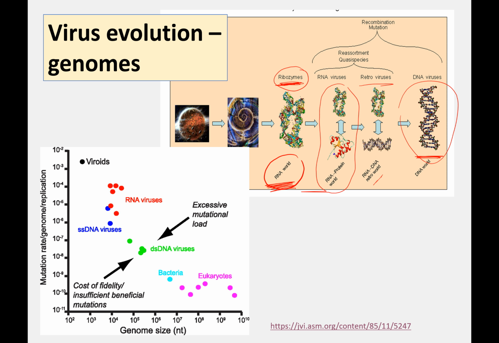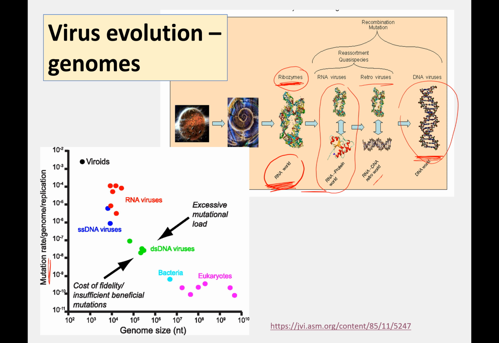This graph down here is just trying to show you that there's a relationship between error rate and genome size. So when you learned about cells and DNA replication, you learned that DNA polymerase has some proofreading capabilities, and you may or may not have learned that we have tons of DNA repair mechanisms in our cells to keep this DNA, the genetic material of the cells, as pristine as possible.